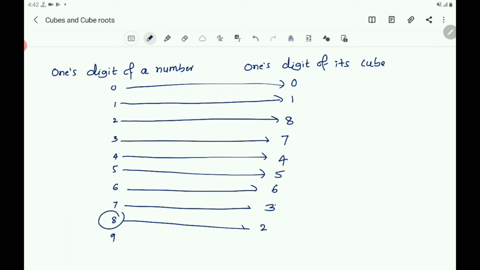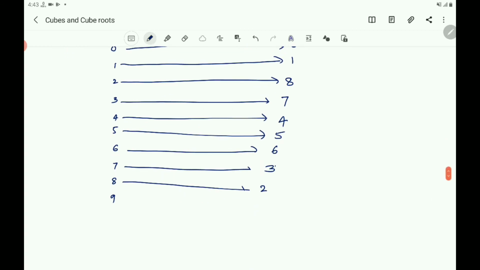Again, next one is 9. If a number has 9 in the unit place, its cube also has 9 in the unit place.